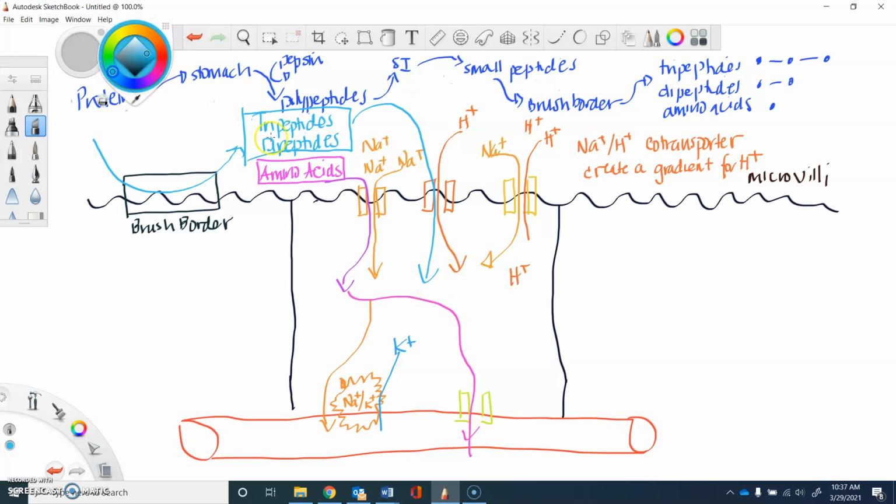Should make that blue, I guess. And once in the blood, of course, it's going to head towards the liver. Okay, so that's the whole process for proteins. So next we're going to look at lipids and how they are absorbed.